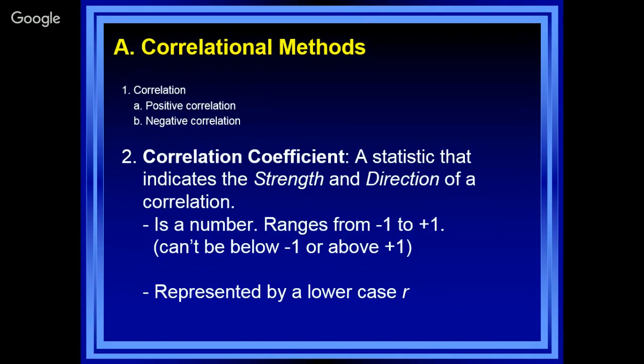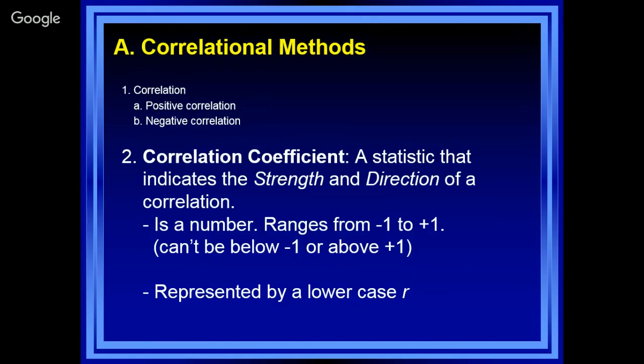But right now, we're going to talk a little bit more in general about what a correlation coefficient is. So first of all, it's a number. That's what it means when it says it's a statistic. It's a number, and it ranges from -1 to +1.